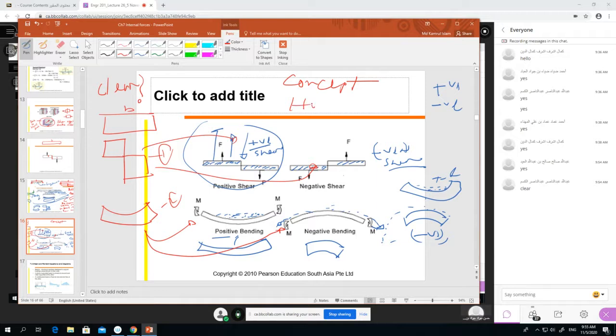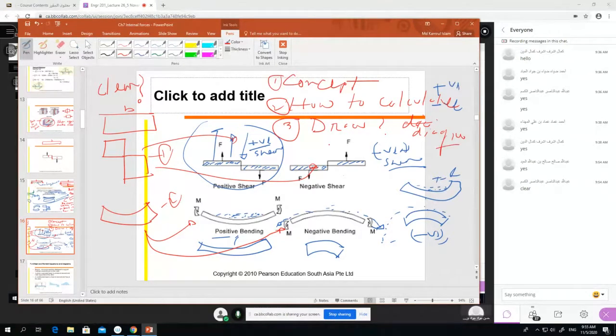Now how to calculate? We already learned the concept. Number two, how to calculate. Number three, this is described as a drawing, and how to draw the diagram.